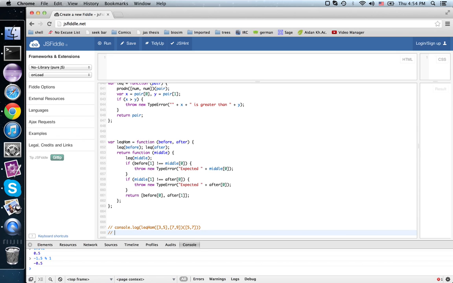Let me see if I can type this using this fancy thing. 3, so that's the first part. And then the middle part is less than or equal to 7. And then 7 is less than or equal to 9.